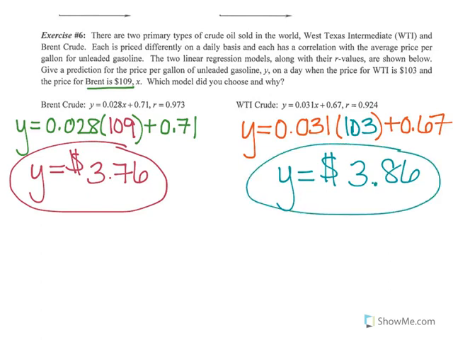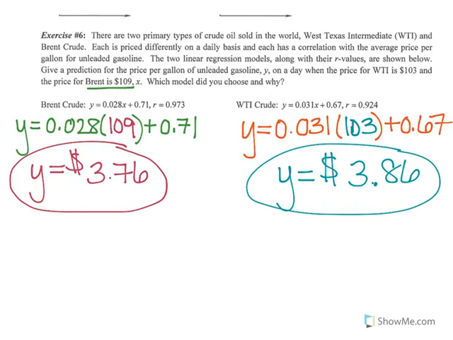So they're asking, which model did you choose and why? So which one are we going to choose? And before you make your decision based on price being higher or lower or anything like that, obviously the choice that we usually want to go for is the cheaper option, right?